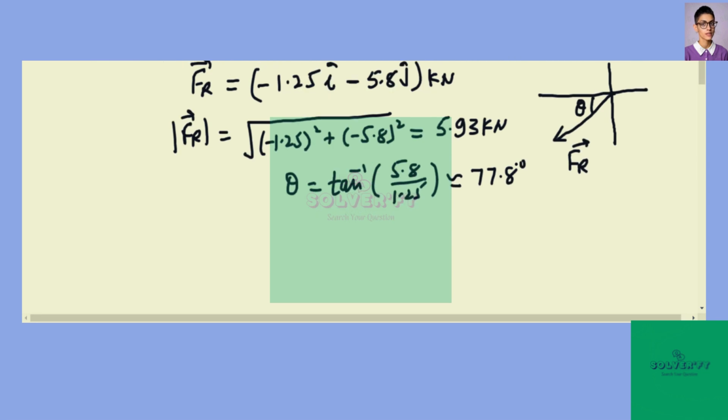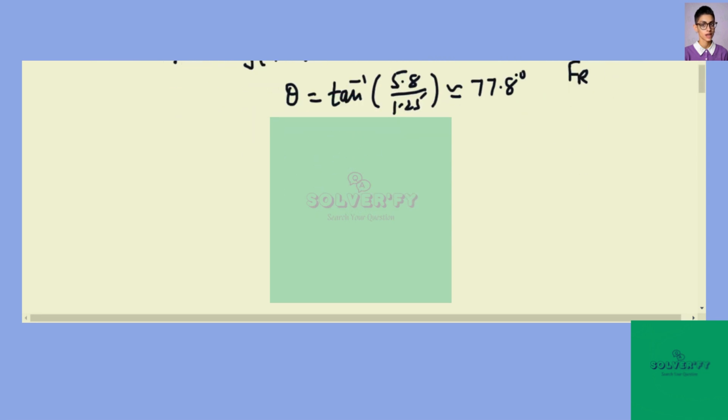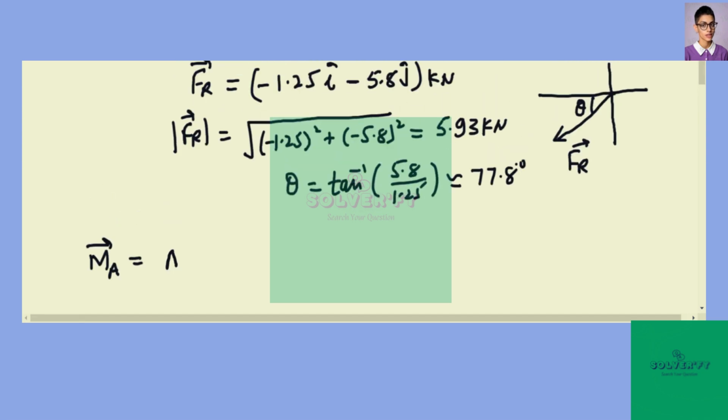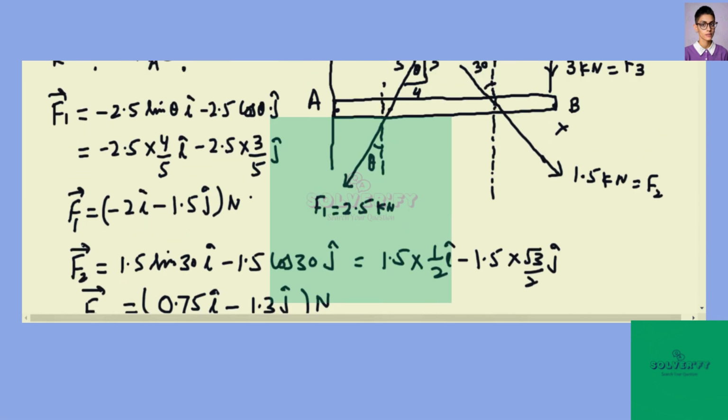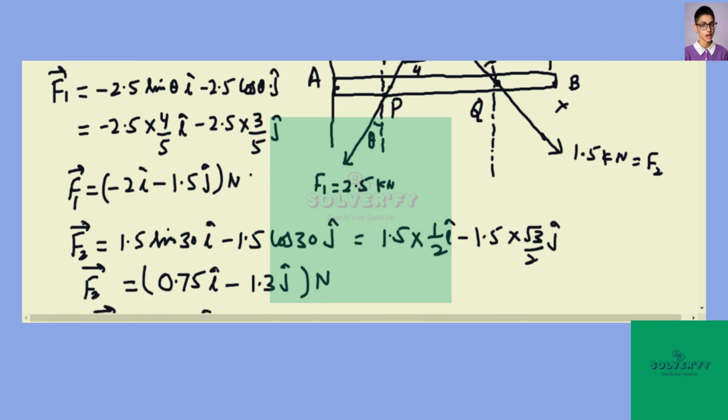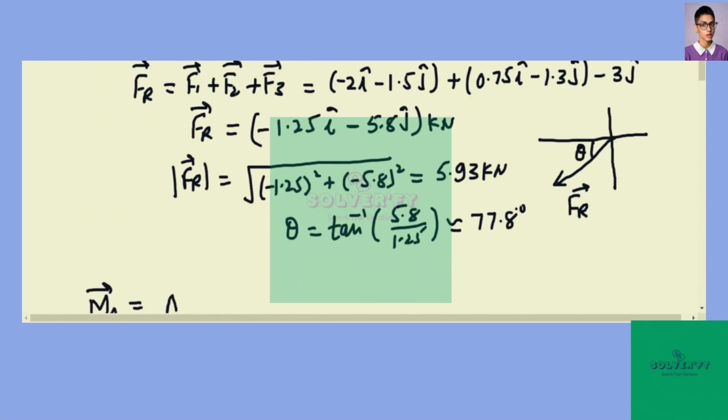Now we have to measure the moment of force. Moment of force about the point A, due to all forces, we are measuring. The point at which the F1 force is acting we can mark as point P. See the figure. We are marking this point as P and this point as Q. Is it clear? Now follow the diagram.